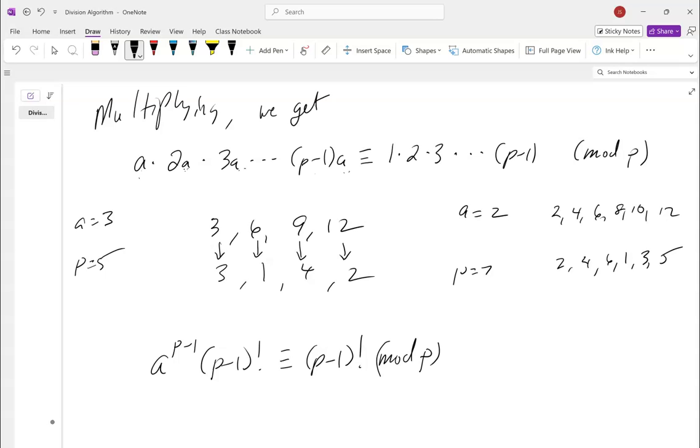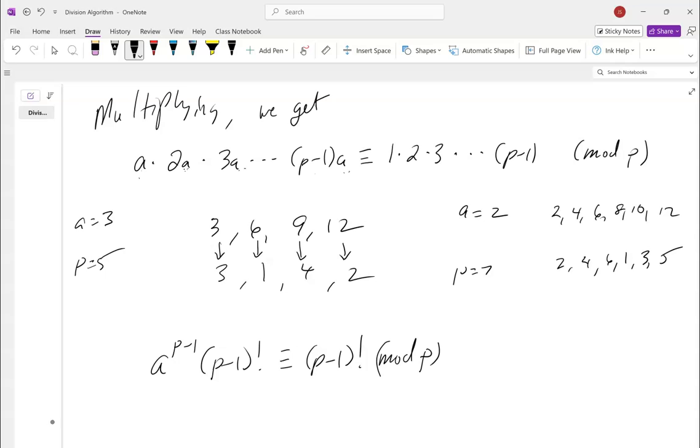Now, notice we have the same factor on both sides, don't we? We can cancel it off of both sides. We can get rid of it as long as we know that that factor is what? Going back to the first result we talked about. Not divisible by P, right?